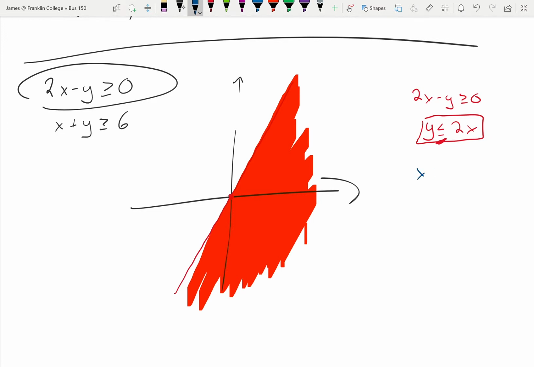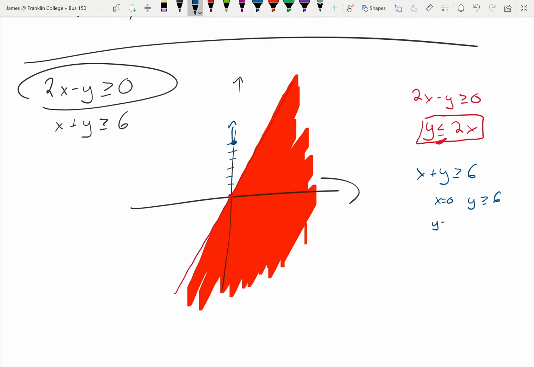So we got x plus y is greater than or equal to 6. This might be quick to graph because we know that when x equals 0, our y-intercept is going to be 6, and we know y is greater than or equal to 6, so we can go up 6 units, 1, 2, 3, 4, 5, 6, do a full circle, and we know y is greater than or equal to 6.